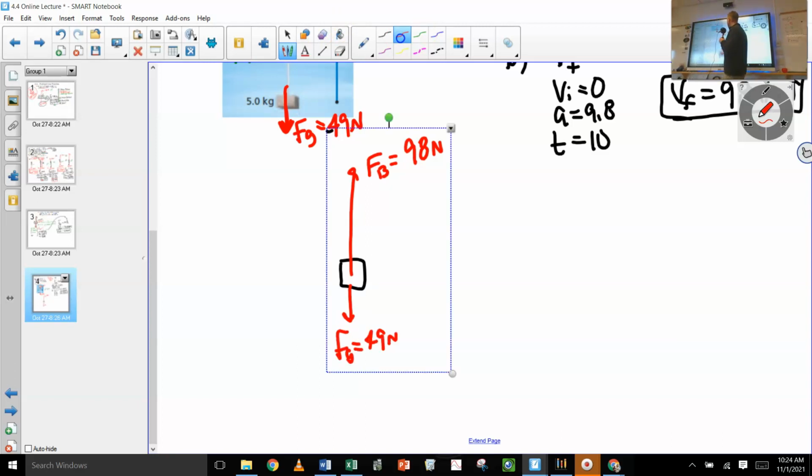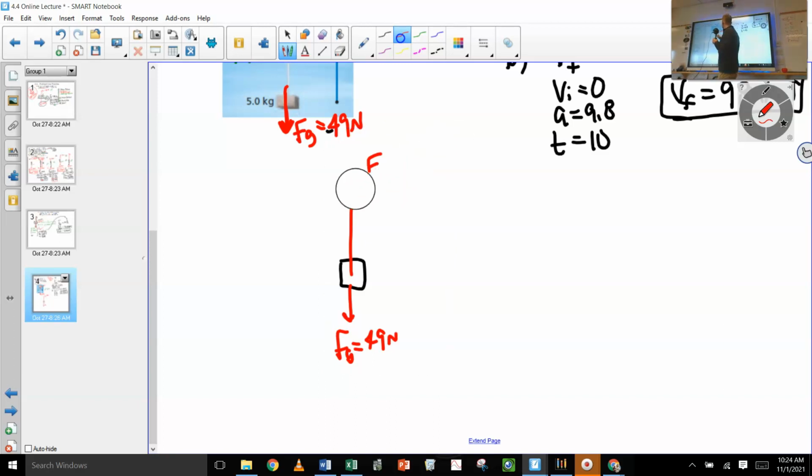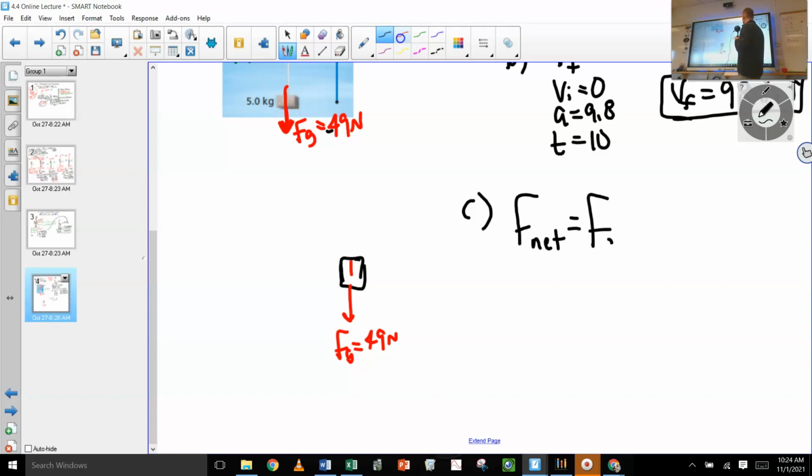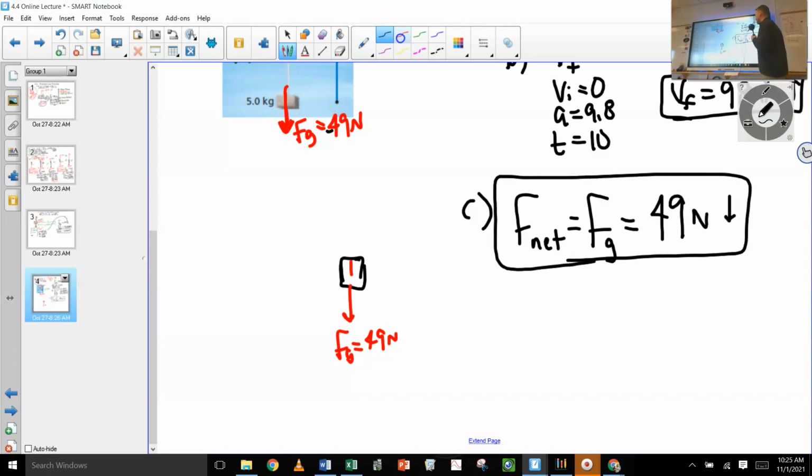The moment the balloon pops, this goes away. So what's the net force acting on this? The net force is gravity acting on it, and it's 49 newtons towards Earth. There's no more upward force on it. That's the total net force acting on this thing.